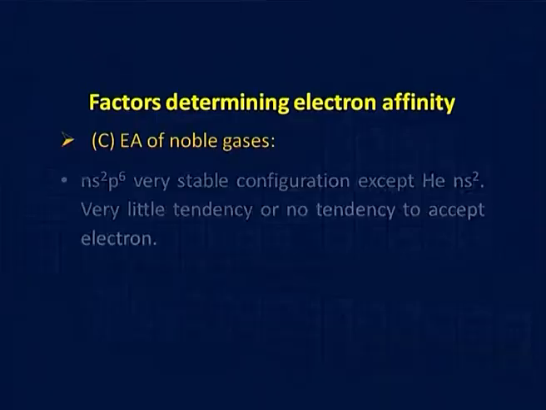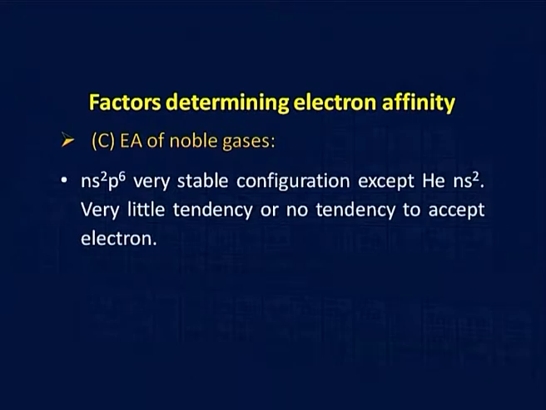Now, we come to another class of elements, that is the noble gases. What we find in noble gases is that except helium, which has 1s2 electronic configuration, the rest of the noble gases have ns2p6 electronic configuration, and this means their valence shell is completely filled.